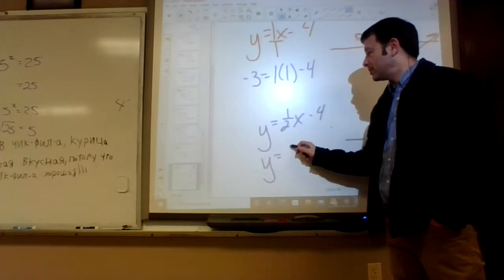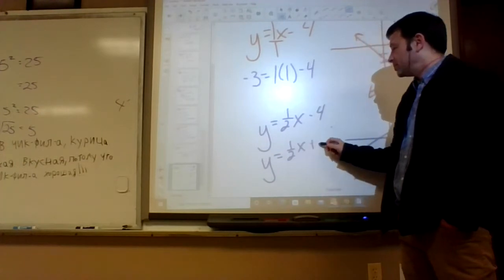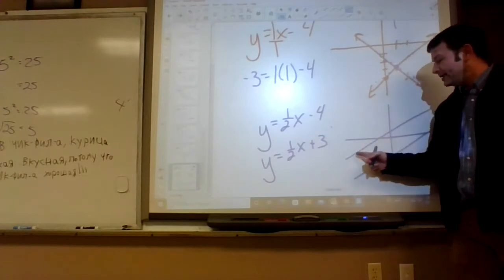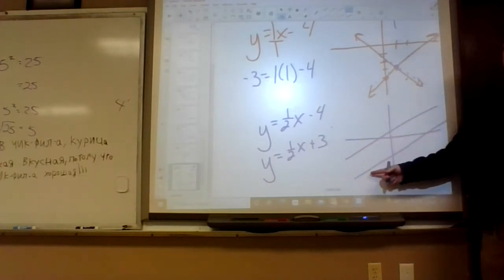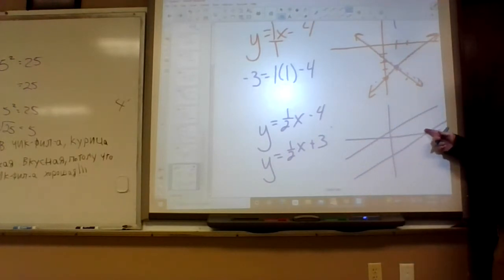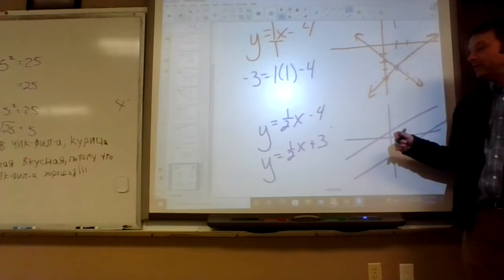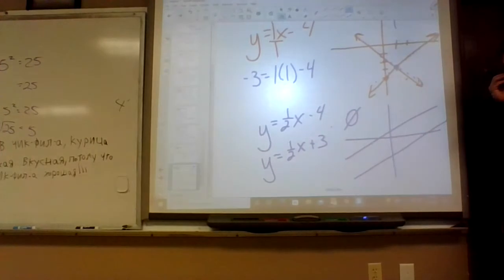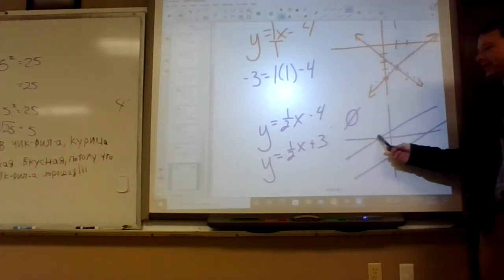And another one is y equals 1/2 x plus 3. These two would be parallel, and they would have no common solutions. Something like this. So if they ask what the solution was, it would be no solution. But they have to be perfectly parallel for that to happen.